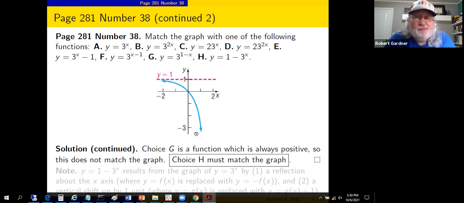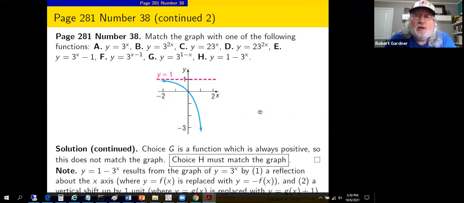So I've got a problem matching A through G, either from the decreasingness of this function or the negativeness of this function. Well, if it's none of those, A through G, it must be H. So process of elimination, but let's chat about that briefly. Hey, y equals 1 minus 3 to the x. We could start with 3 to the x, introduce a negative, a reflection about the x-axis, and consider negative 3 to the x.